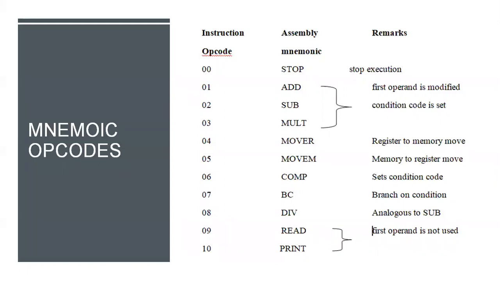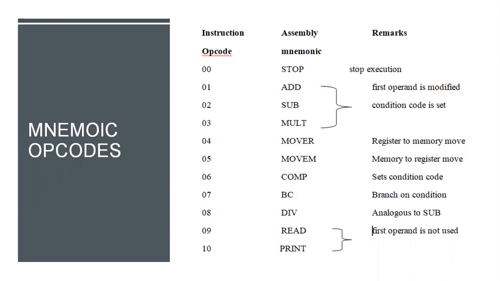Here some problem is there in the remark. Move r stands for memory to register, and move m stands for move from register to memory. So there is a mistake in the remark. Just keep in mind that move r is nothing but memory to register, and move m is nothing but register to memory.